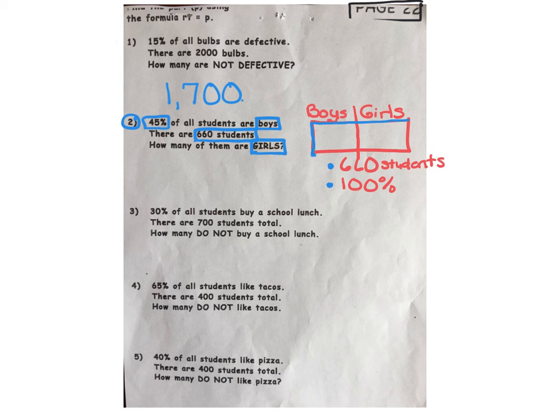In our tape diagram, it's divided into 2 parts. 45% of the population, they're boys. But how many is that? And what percent of girls make up the population? Well, there's a quick and easy way to find out what that percentage is.